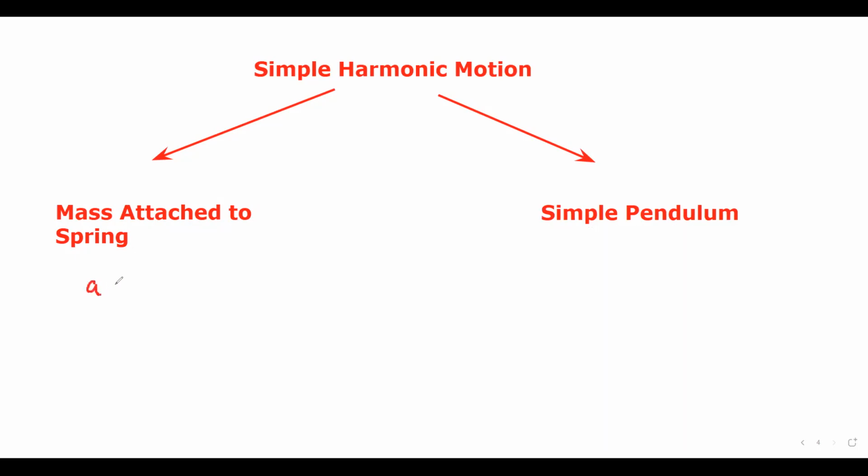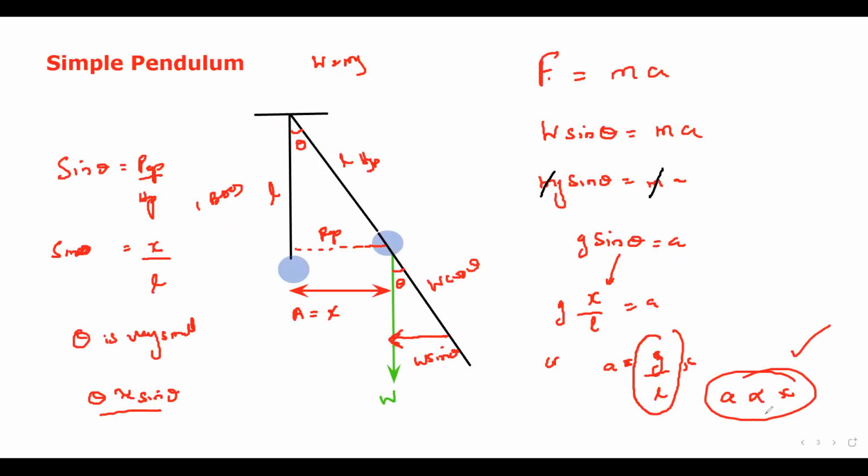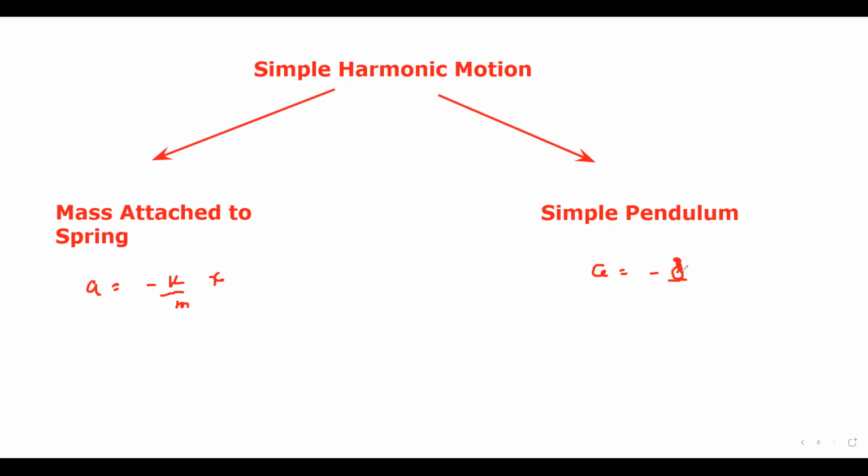Then here the acceleration a is equal to minus k divided by m into x, and here a is equal to minus g divided by L into x.